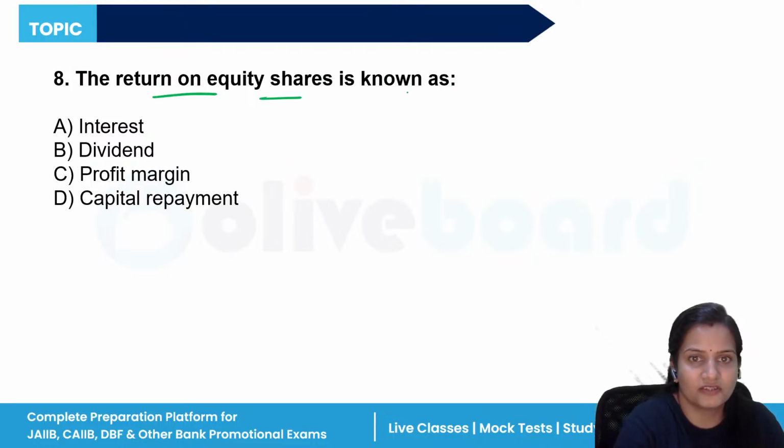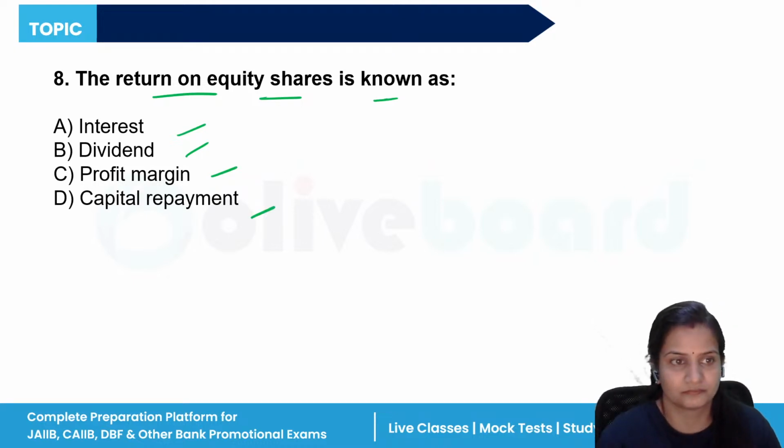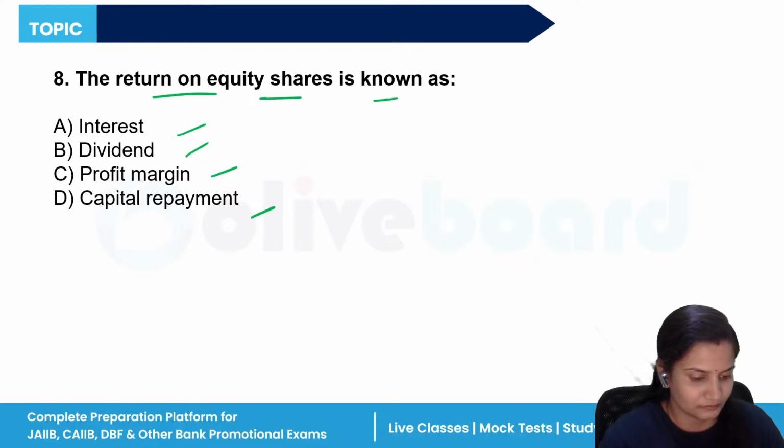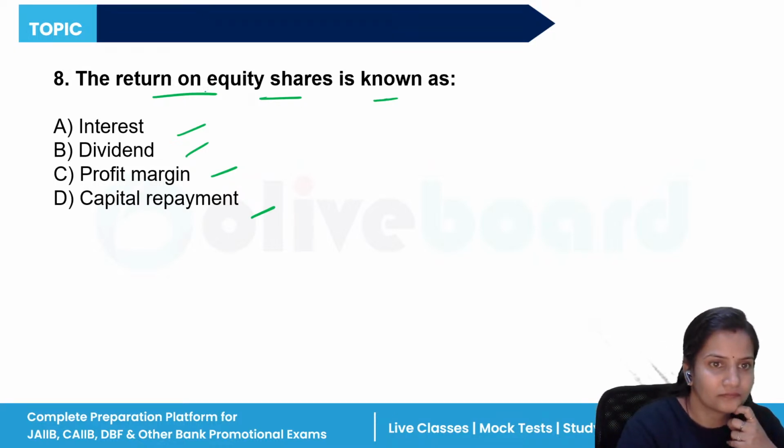The return on equity shares is known as interest, dividend, profit margin, or capital repayment. The return on equity shares is dividend.